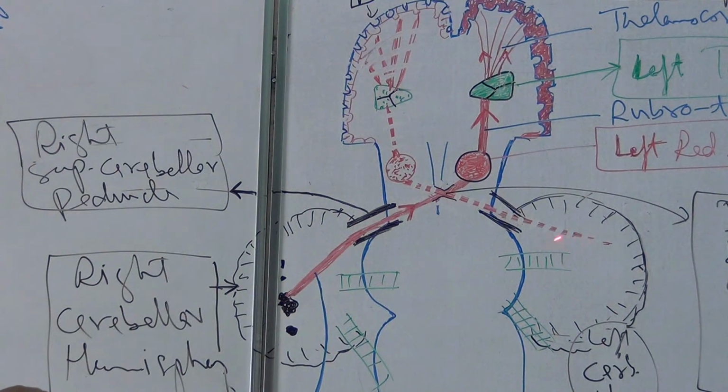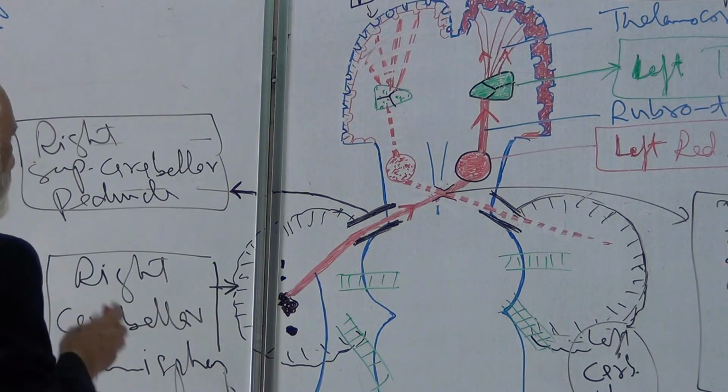And vice versa, if there is a lesion in the left superior cerebellar peduncle, it will disconnect the left cerebral hemisphere with the right red nucleus.